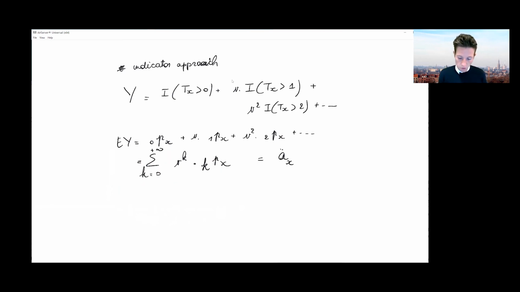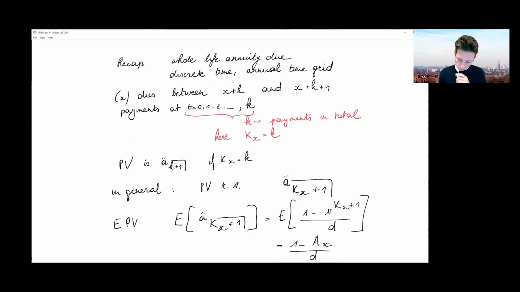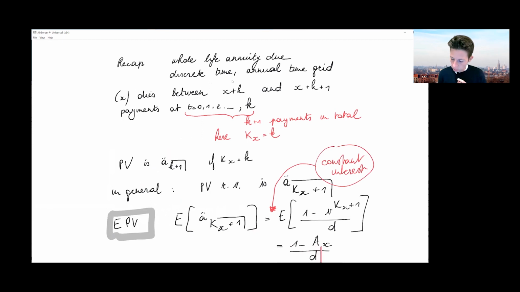I would rather use this one instead of the reasoning on the previous sheet, which relies on the assumption of constant interest and which connects the EPV of the annuity product with the EPV of a whole life insurance product. So both are interesting, but particularly the second one gives me a lot of flexibility if I want to change the interest rate structure, if I want to change the benefits, if I want to make them variable over time, etc.